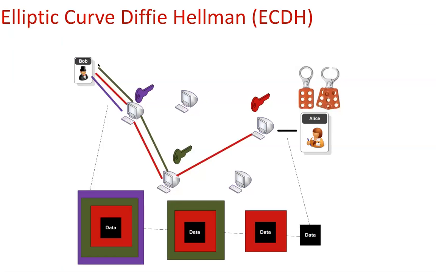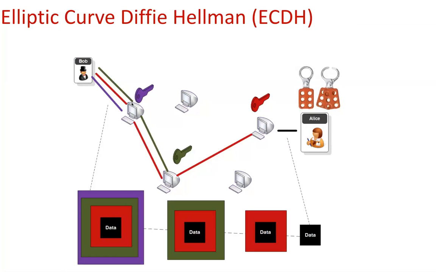So in a Tor network, each node generates their own key, and we negotiate that key using an elliptic curve Diffie-Hellman method between Bob and the node. We generate the purple key between Bob and this node, the green key, and so on. When we encrypt the data, we'll take the red key, encrypt it first, then the green key, then the purple key.